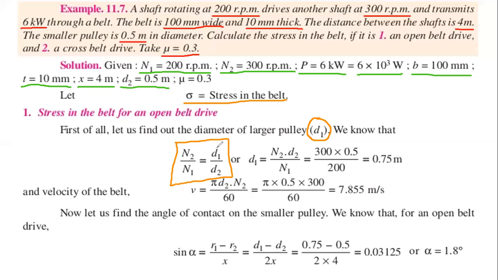So we have to calculate only the diameter of the larger pulley. That is why we rearrange it: D1 is equal to N2 into D2 by N1. So that is the formula for finding the diameter of the first pulley.